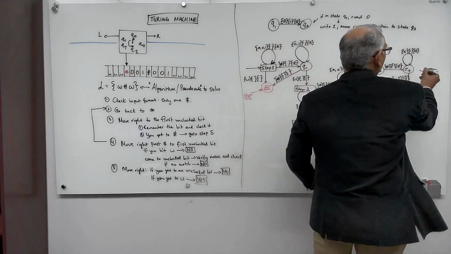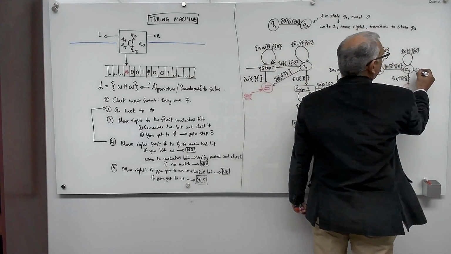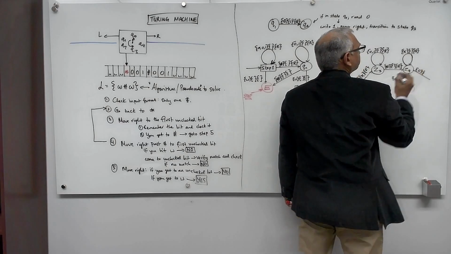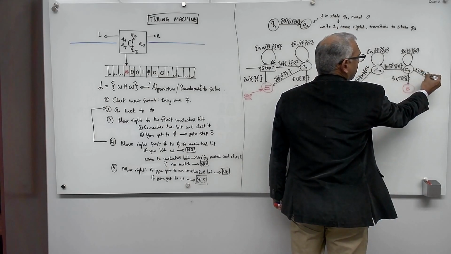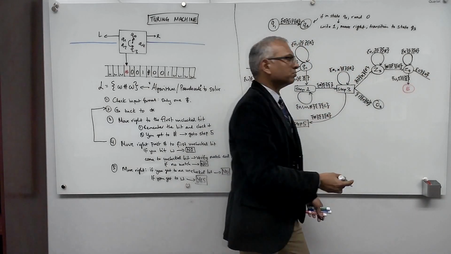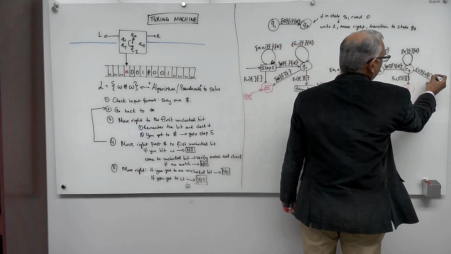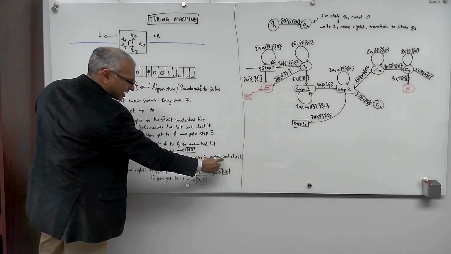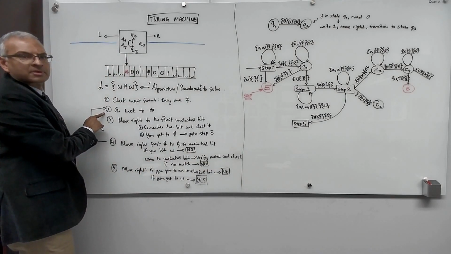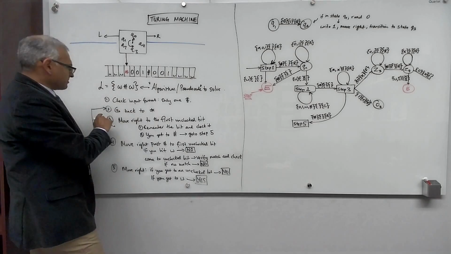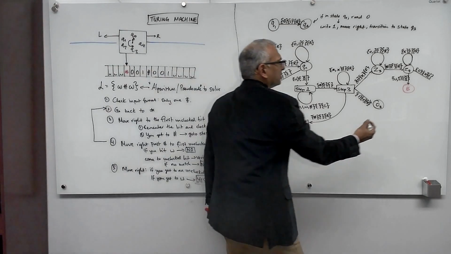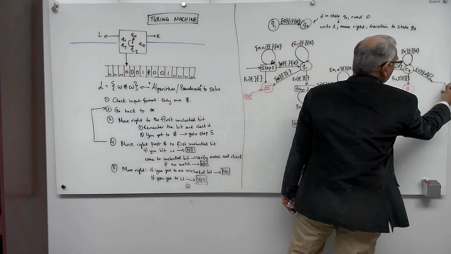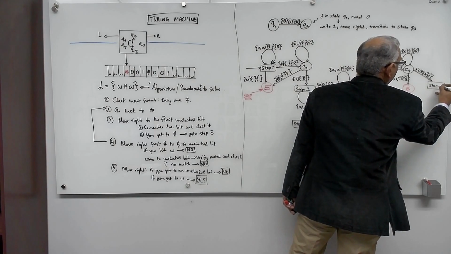If I come to 0, I mark it, and I don't need to move. And then what does the algorithm say? If you match the bit, verify the match, then you go back to star. But going back to star is just step 2. So I go to the state which corresponds to step 2.